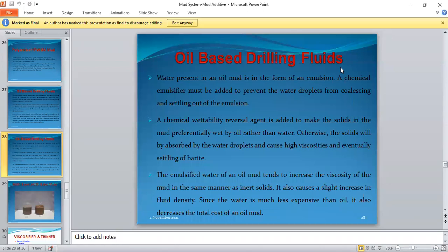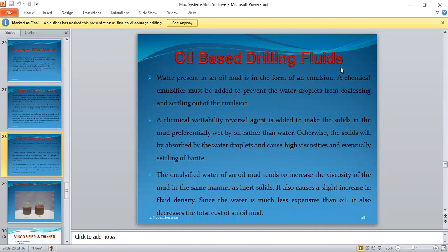Barite does not mix with oil. Calcium carbonate does not mix with oil. Most of the chemicals do not mix with oil, but we have to bring in this wetting agent to make these chemicals mix with water and oil. The emulsified water in an oil mud tends to increase the viscosity of the mud in the same manner as inert solids.